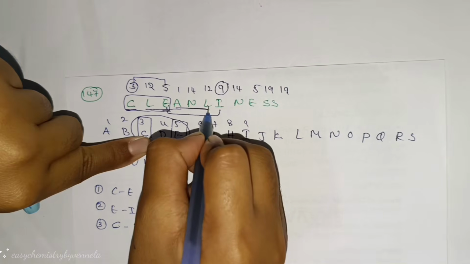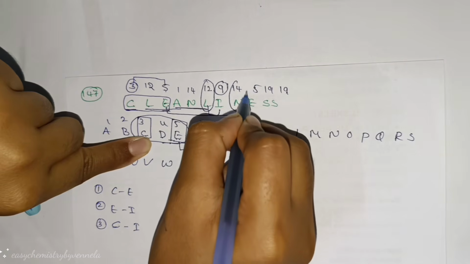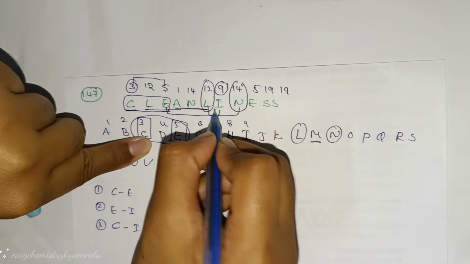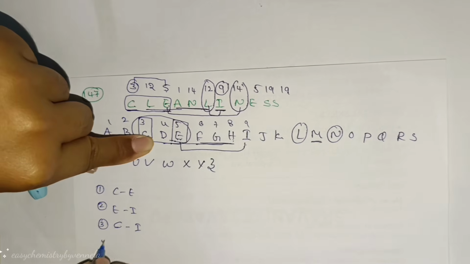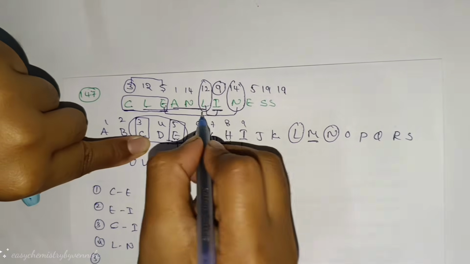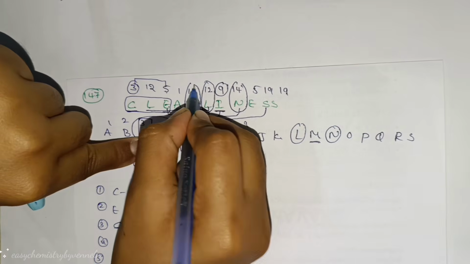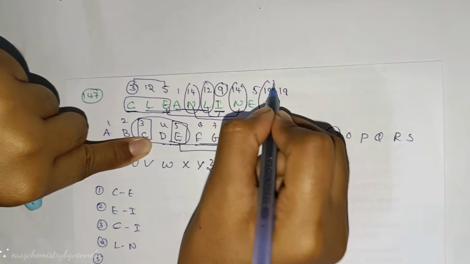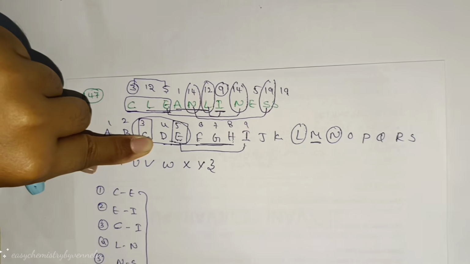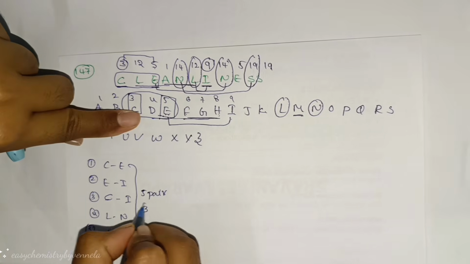Next pair is L N. Here one letter is the difference. Next pair is N S. This is also the same. So total how many pairs are there? 5 pairs. So the correct option is the third one.